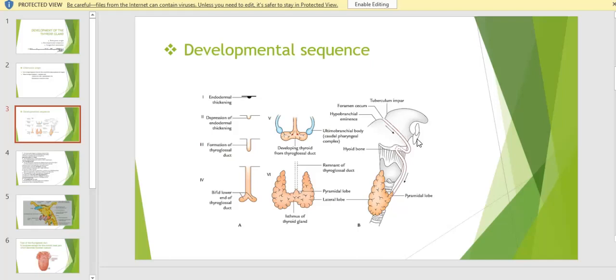Then it descends, first ventral to the hyoid bone, then moves behind, to the retrohyoid position, then descends to its definitive position, where it undergoes bifurcation to form the two lateral lobes.